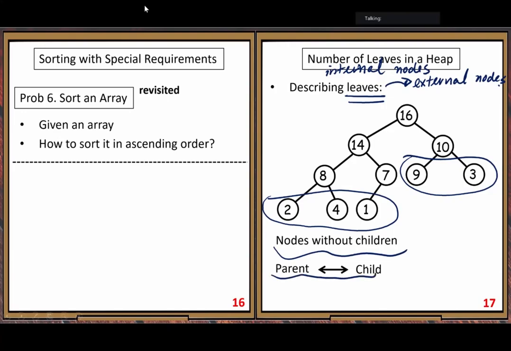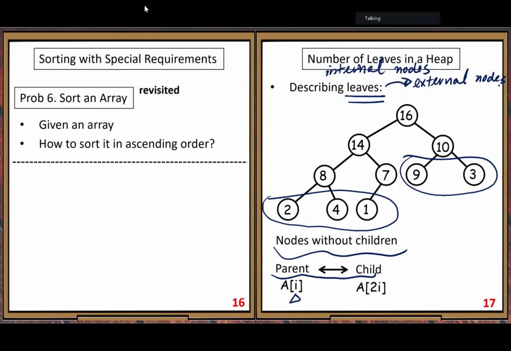If the parent's index is i, then its left child. Here we look at the left child, not right child, because sometimes a parent node may not have a right child. If an internal node, it always has a left child node. So based on that certainty, we select the left child, A of 2i.